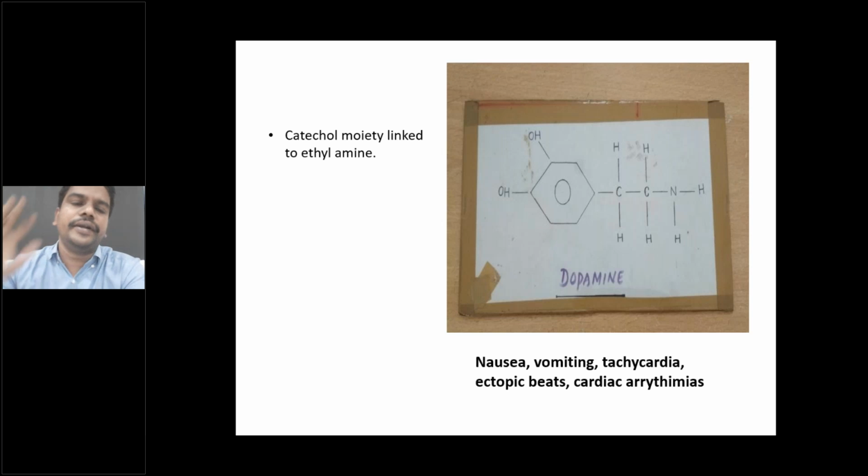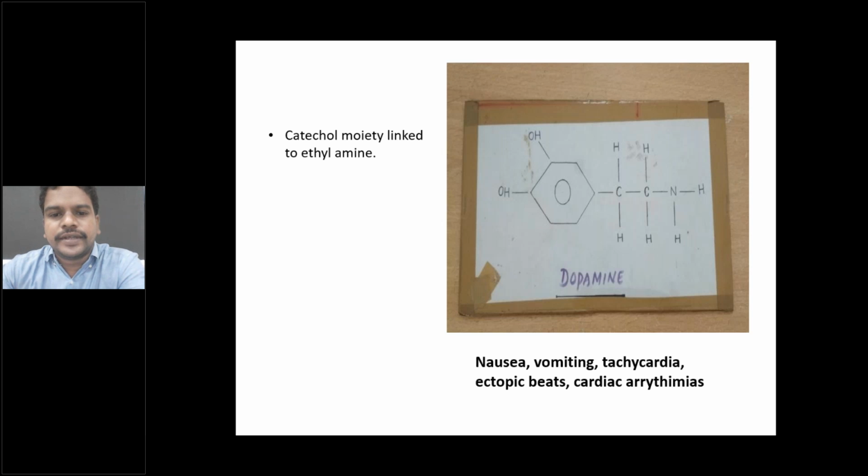Okay, coming to dopamine. Third one is dopamine. Dopamine is a catechol moiety linked to the ethylamine. Then side effects of dopamine are nausea, vomiting, tachycardia, ectopic beats, cardiac arrhythmias.